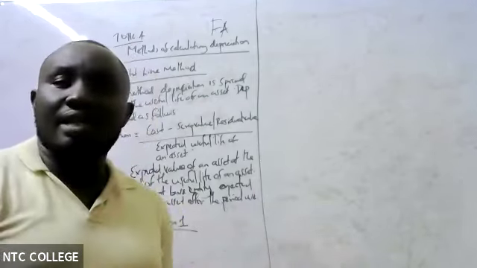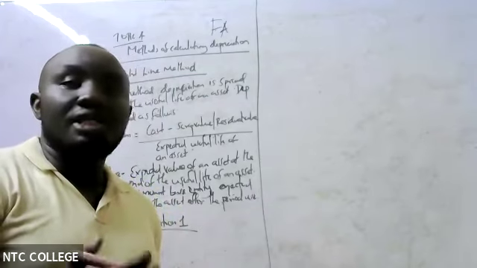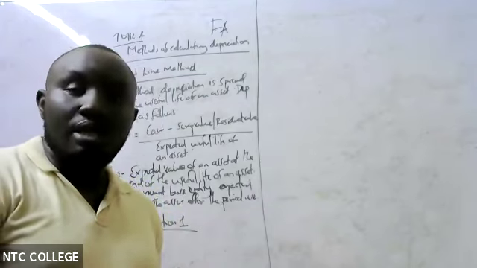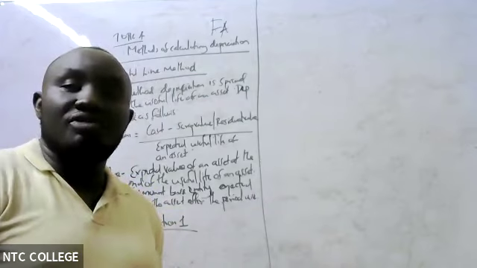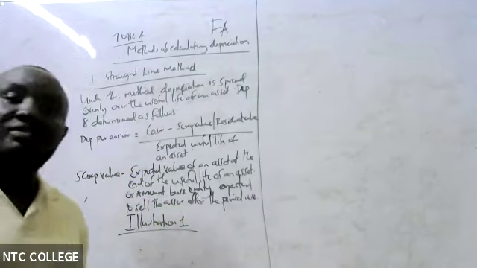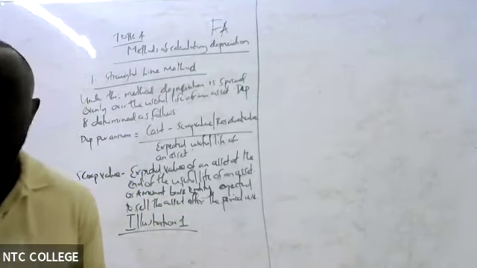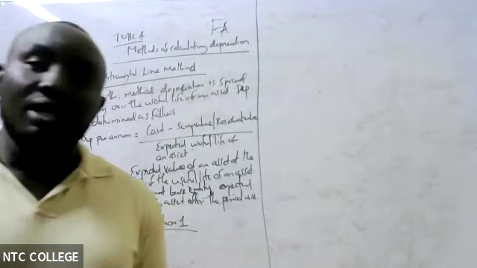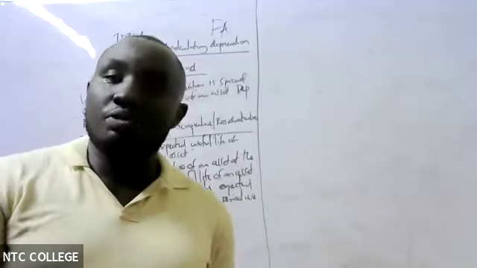For example, an asset is 1,000 altogether, and every year it's losing 20%. That means it will take about five years. 20% of 1,000 is 200. So on a yearly basis, depreciation is 200.